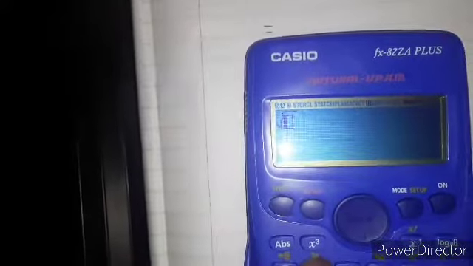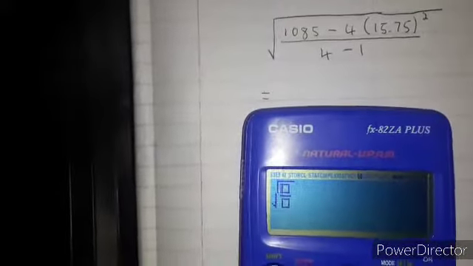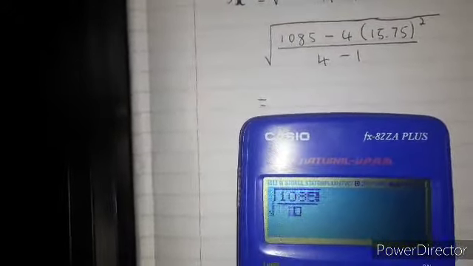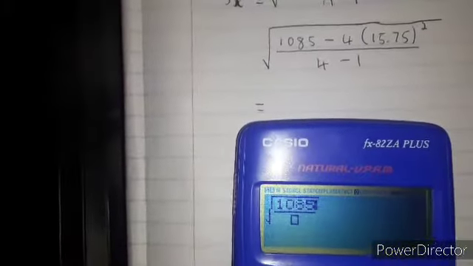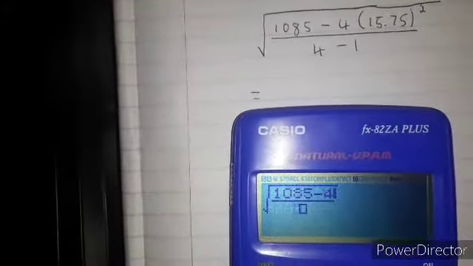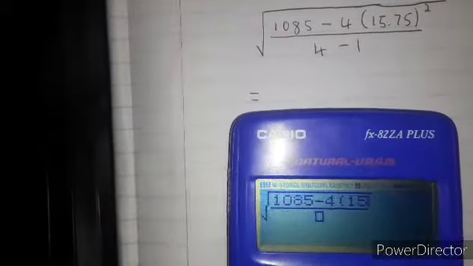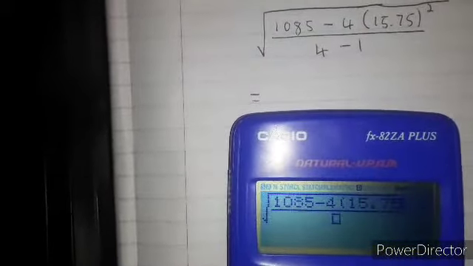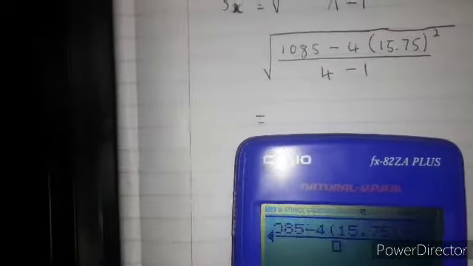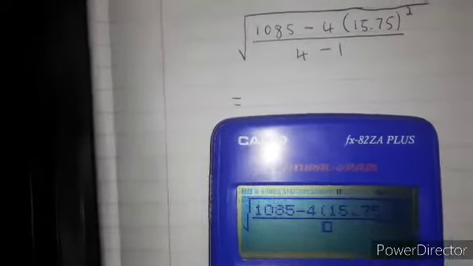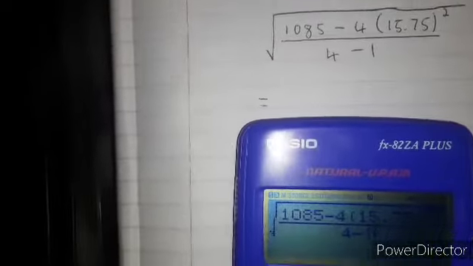First, square root of 1085 minus 4 times 15,75 all squared, divided by 4 minus 1.